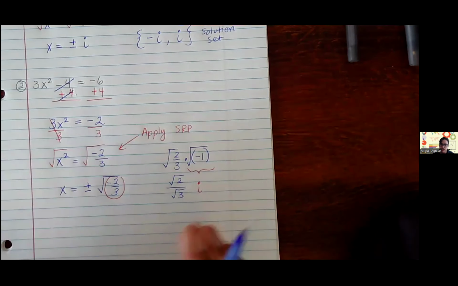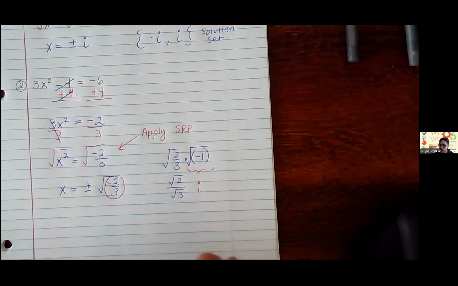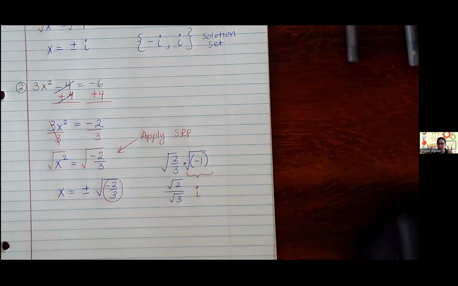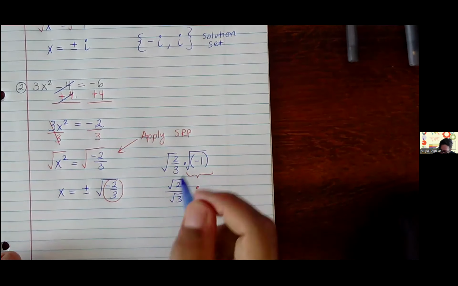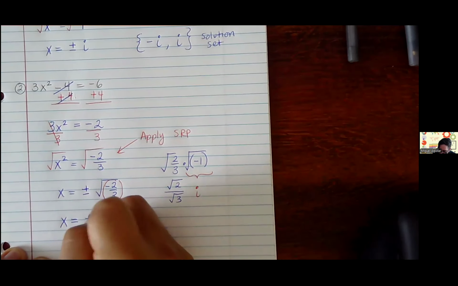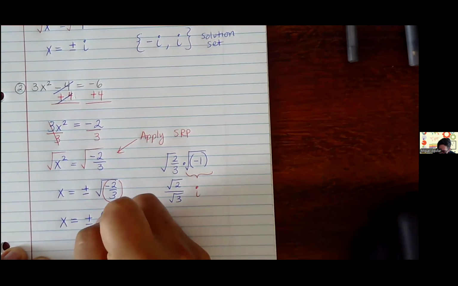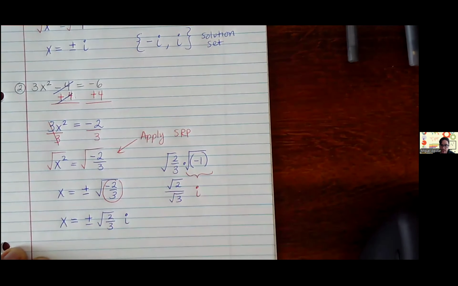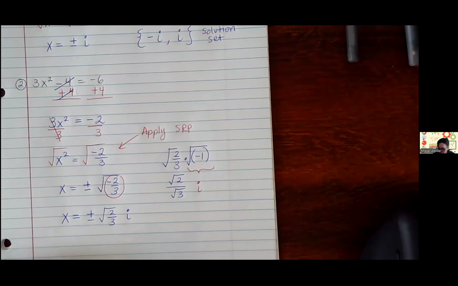So if we were to try to simplify those radicals separately, we're not going to be able to simplify them in any way that's really conducive to calling this simplified. So for this particular problem, I would be perfectly okay accepting your answers as the square root of 2/3 and then just putting the i next to it. That would be fine with me.